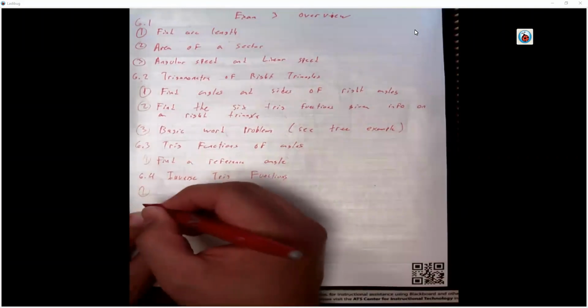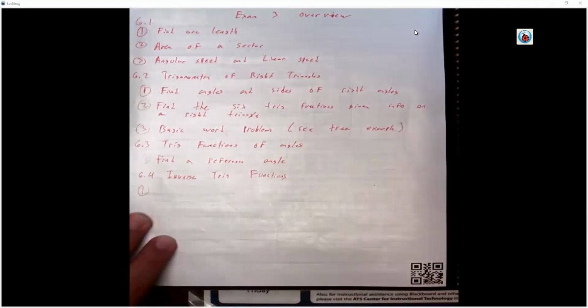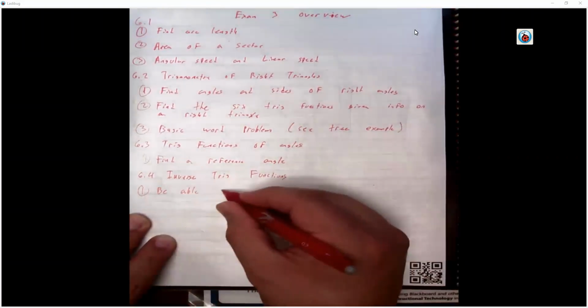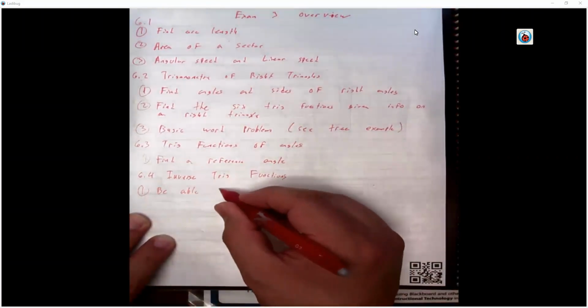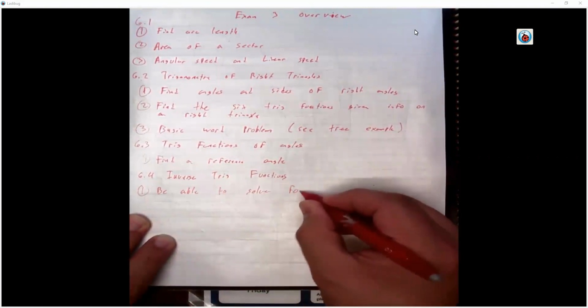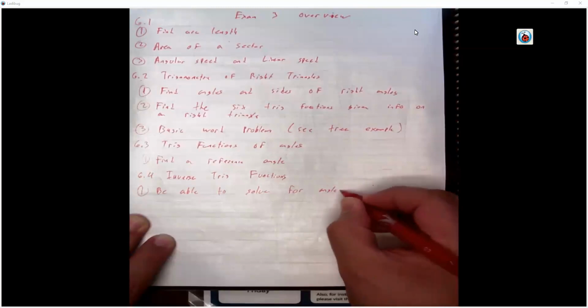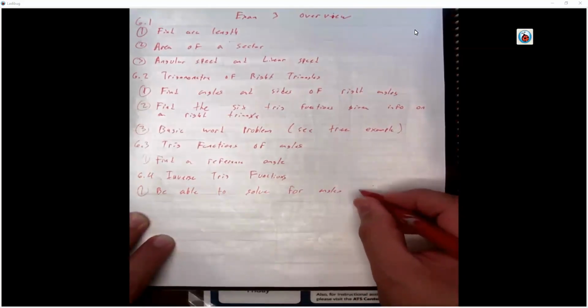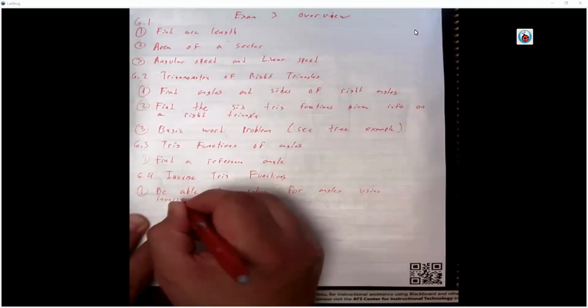So the first thing, basically be able to solve for angles using inverse trig functions.